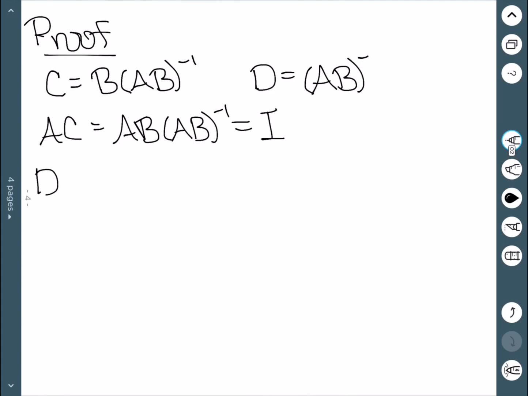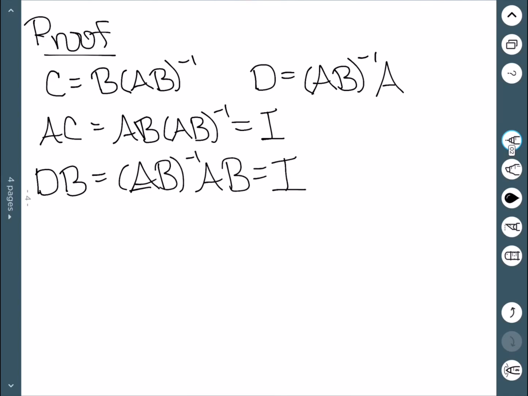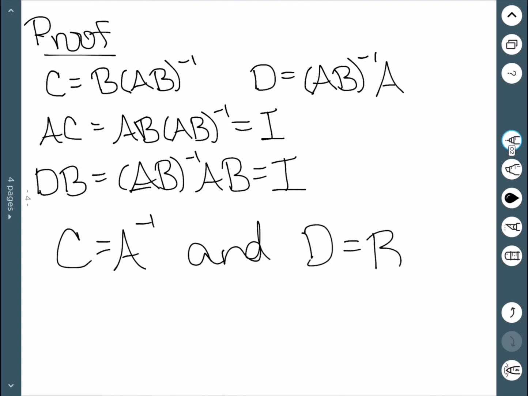In addition, DB would be (AB) inverse times A times B, which is once again equal to the identity. And by my last theorem, we know that this means they each have an inverse. Therefore, we can say that C is A inverse and D is B inverse.